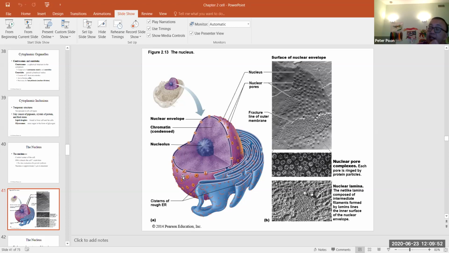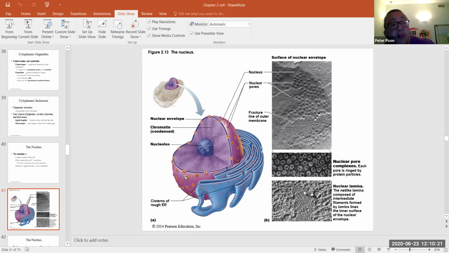In fact, the only things that can come in and out have to go through these little holes. The things that look like little flowers are actually little holes called nuclear pores. The nuclear pores decide what can enter and exit the nucleus, so the only way in and out of the nuclear envelope is through the nuclear pore.